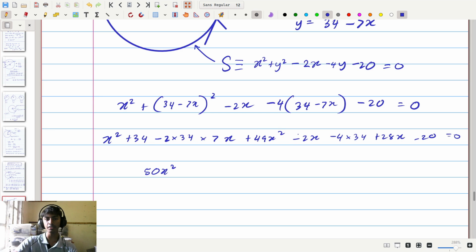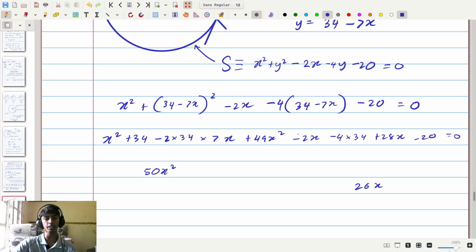Next, considering x terms, here we have minus 2 times 34 times 7x. Here we have minus 2x, and here we have a plus 28x. We can take these two together and get a plus 26x. As for this thing, we need to multiply this thing through. 2 times 34 is 68 times 7. So we'll do 68 times 7 here. 7 times 8 is going to give us 56.